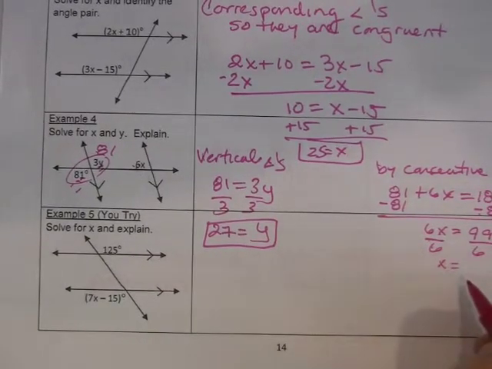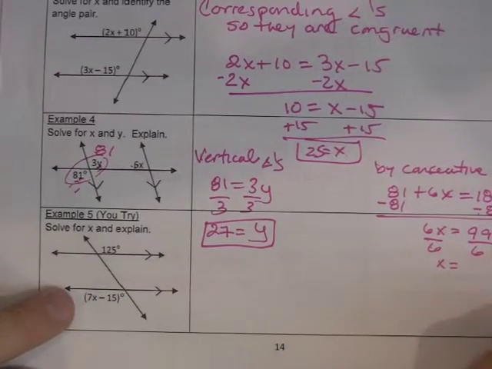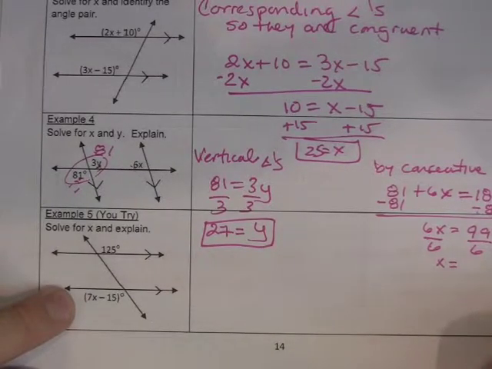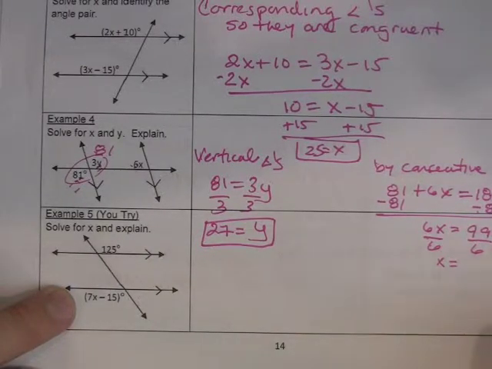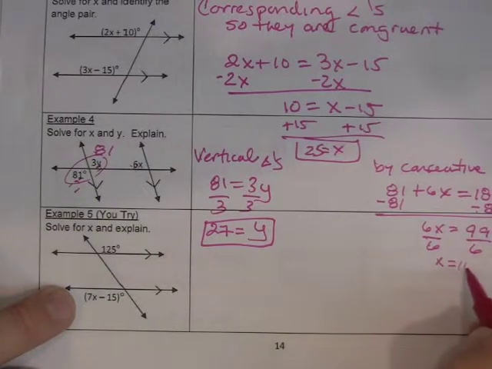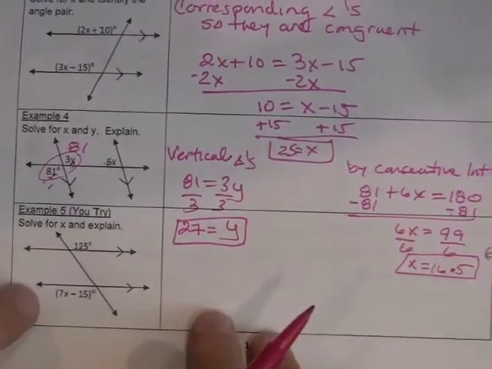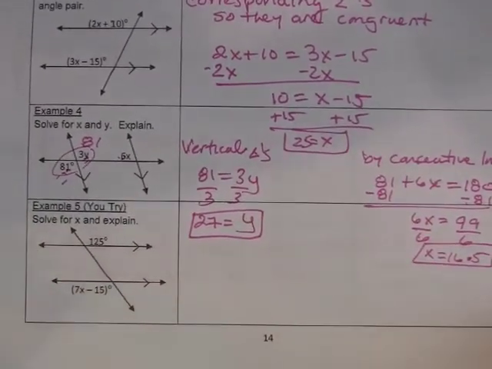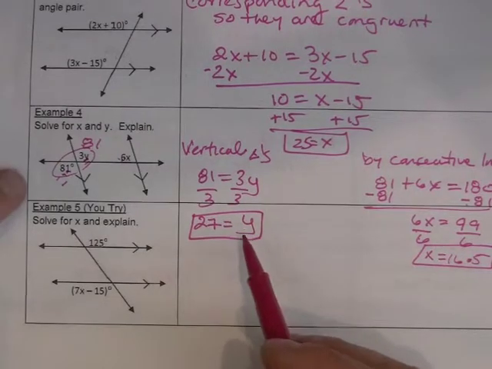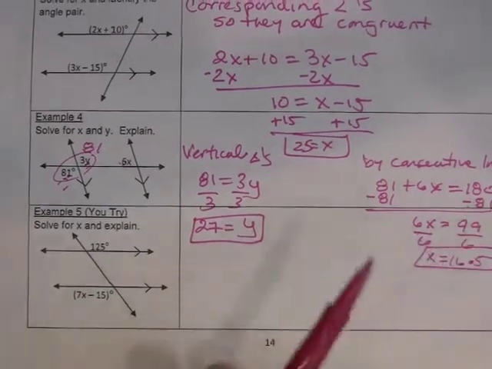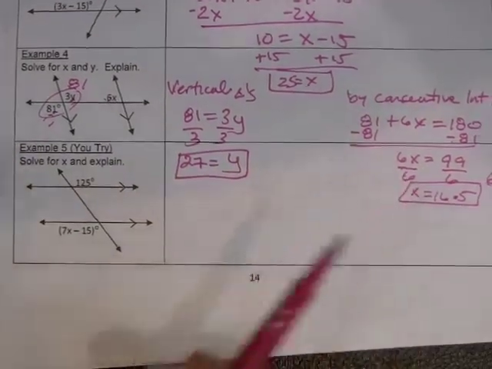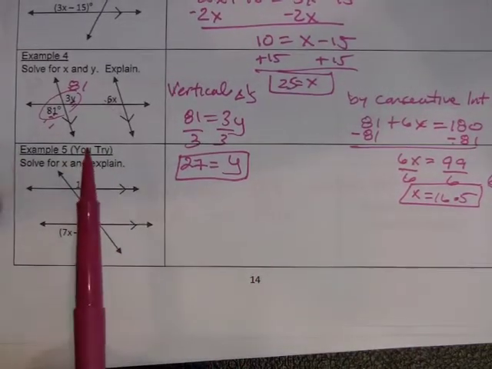So x equals, excuse me, 6 goes into 99 16.5 times. Okay, so that's the relationship there with y and x. Okay, I'm going to give you another minute to do example 5 and do that problem.